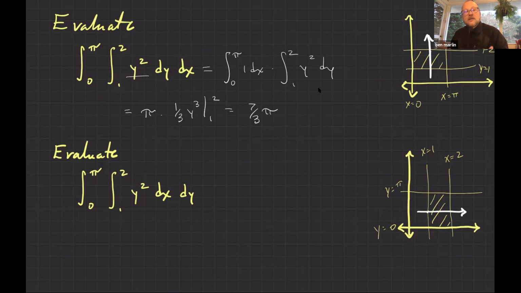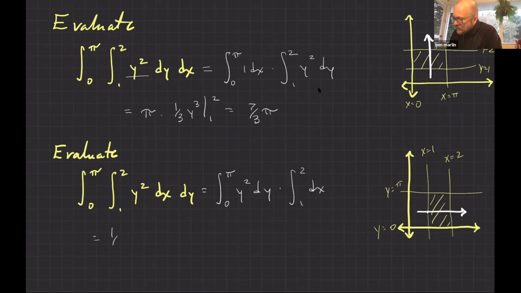All right, so let's go ahead and evaluate. I need you to notice we have a different region, okay? And so we can go ahead and say 0 to pi, and this time the 0 to pi has to do with the y's, so we can pull it out like that, and then the x's go 1 to 2, and there's just a 1 dx.